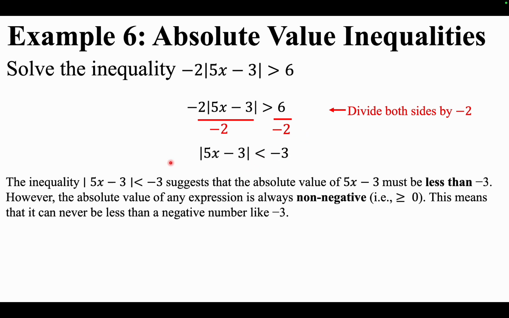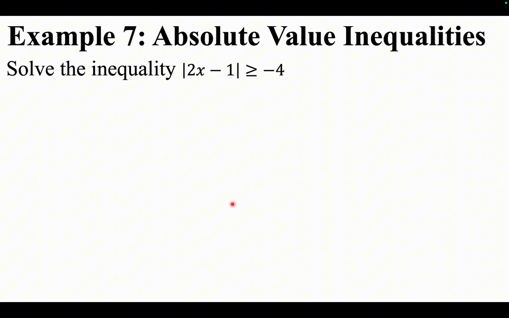Because it suggests that the absolute value of 5x minus 3 must be less than -3. Well, we just said that the absolute value of a number is always the distance that number is away from 0. So this cannot be negative. Since this is a non-negative number, it cannot be less than a negative number. And therefore, this has no solution in this case.